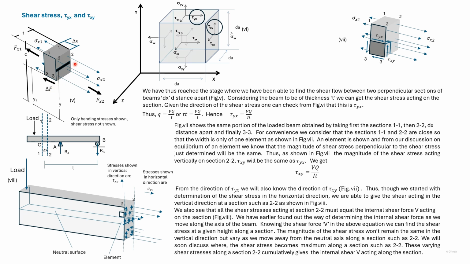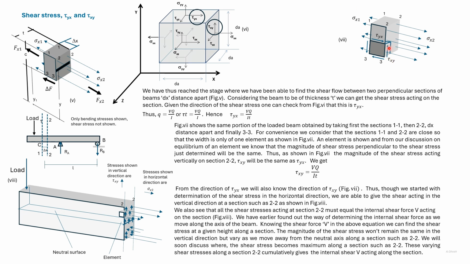This section is also shown here. Let us consider that section 1-1 and section 2-2 are close to each other, so this section is only one element thick. Now shear stresses occur in pairs.